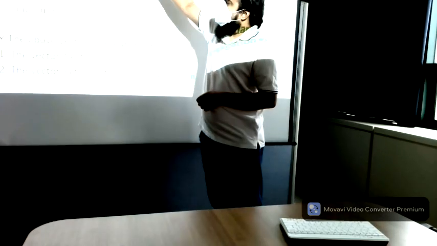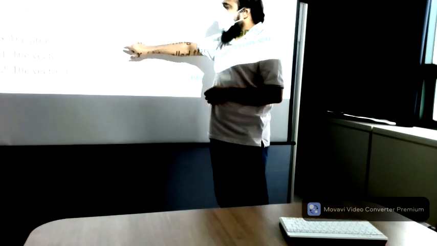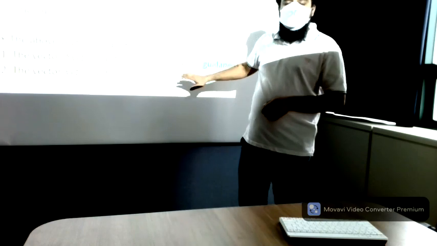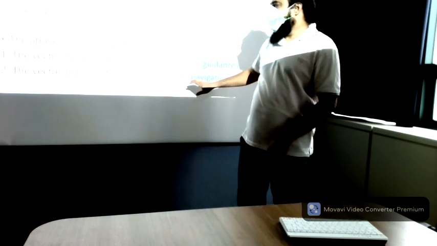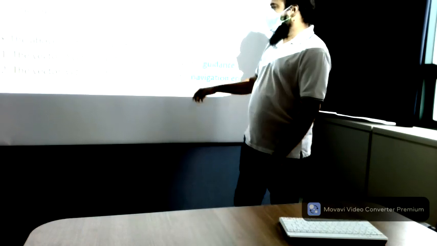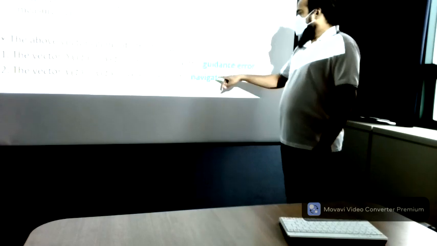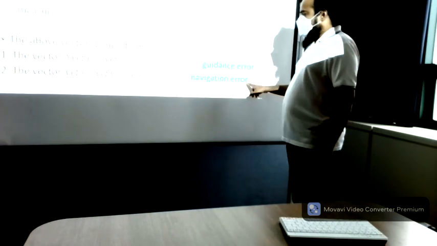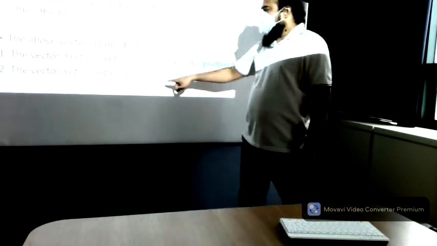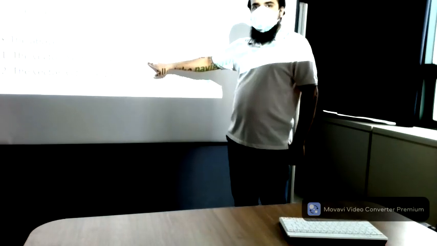Using the above variables, we can define the guidance and navigation errors. The vectors follow this equation and this equation, because in the problem we have the guidance error and the navigation error. So what is the guidance error? The difference between x of t and the reference trajectory.